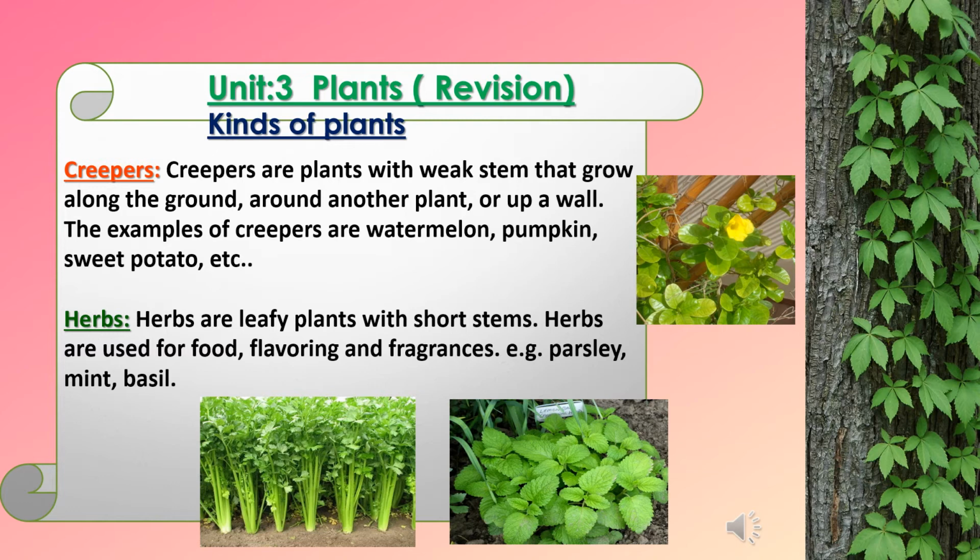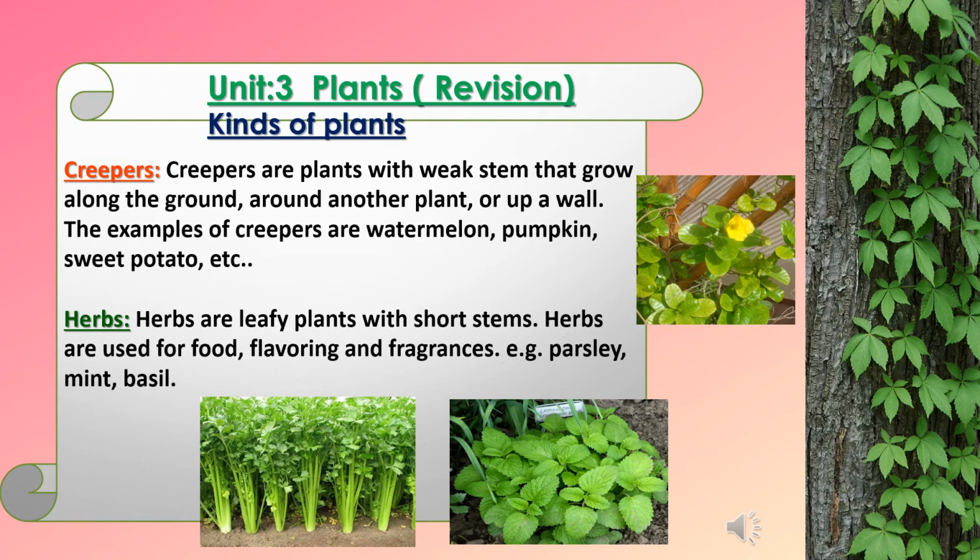Okay, let's talk about herbs now. Herbs are leafy plants. You have seen mint and green coriander in your house, in your kitchen, in your mama's hand. So these are called herbs. Mint and coriander, and there are many other herbs also like parsley and basil.